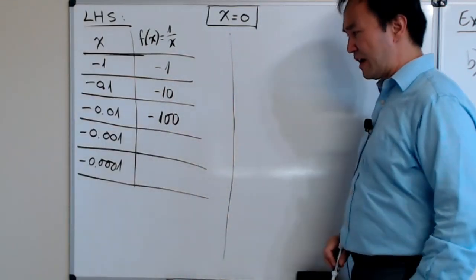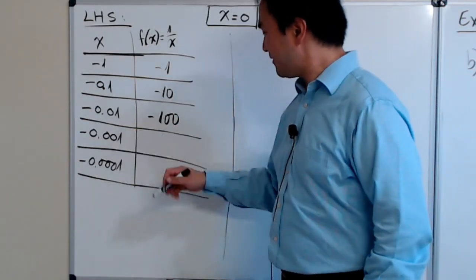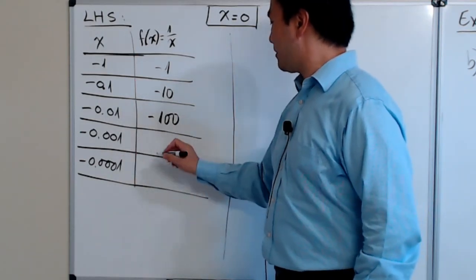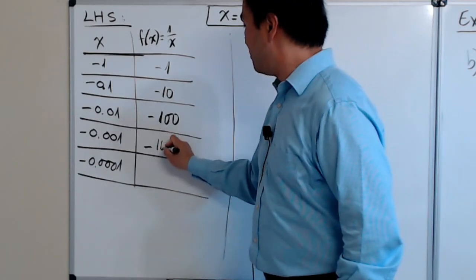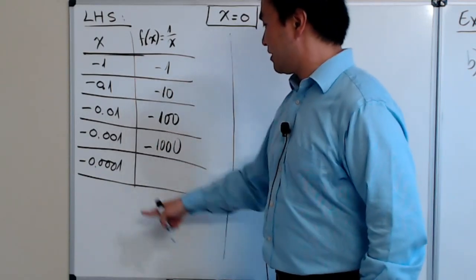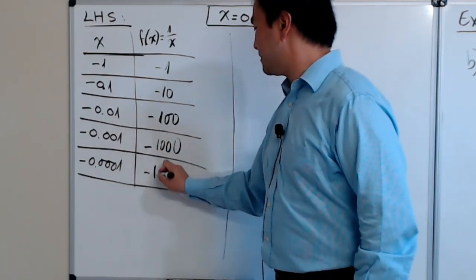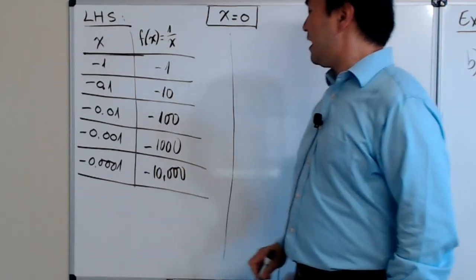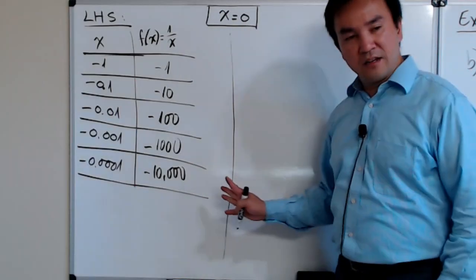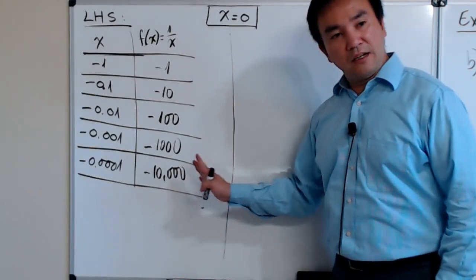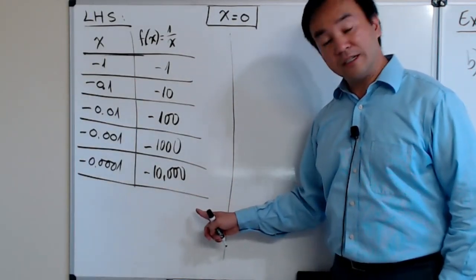And this fourth value on my table is going to give me -1,000, and this last one is going to be -10,000.